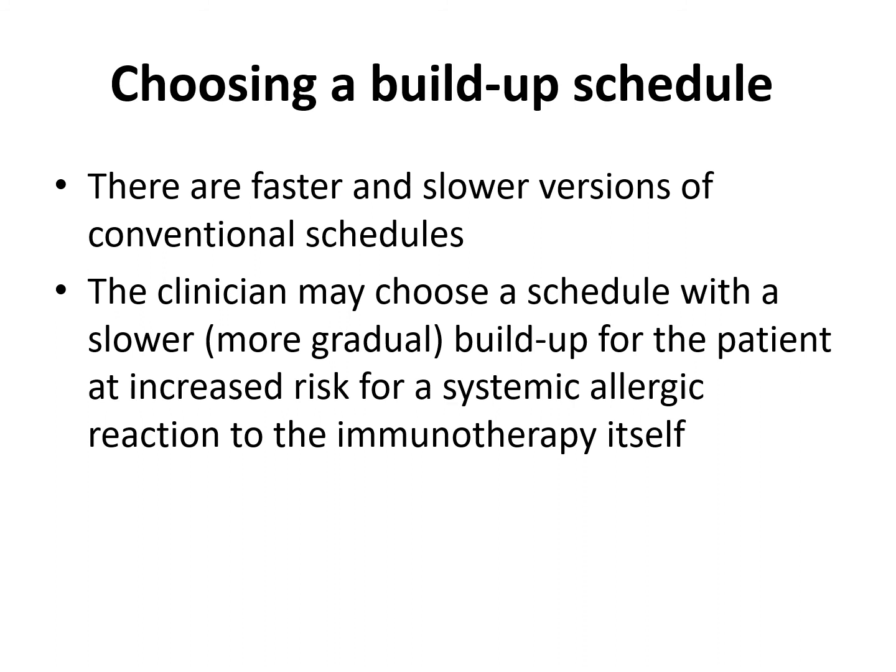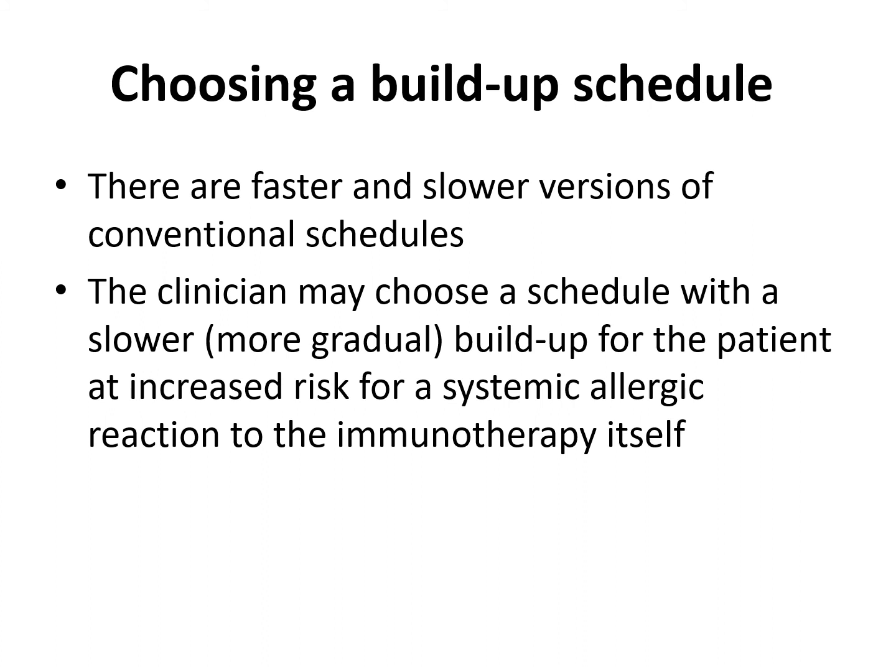There are faster as well as slower versions of conventional schedules. The clinician may choose a schedule with a slower build-up for the patient at increased risk of systemic allergic reaction. So if we see that the patient is at high risk, start giving injections at a lower dose and increased intervals.